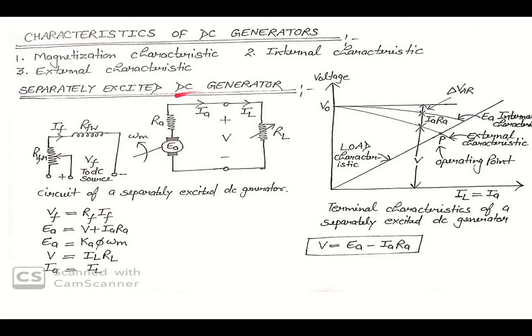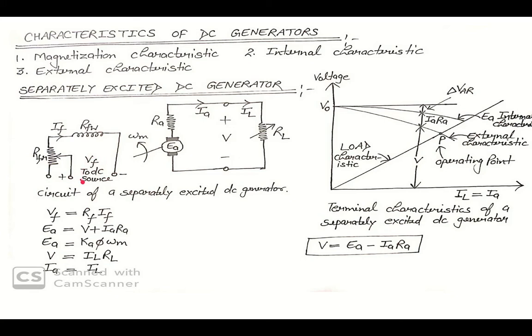Now here we have to discuss the separately excited DC generator. This is the circuit diagram for a separately excited DC generator. Here you can see RFW, the resistance of the field winding. IF is the field current.